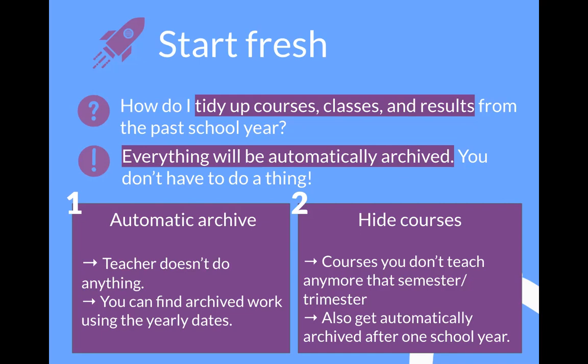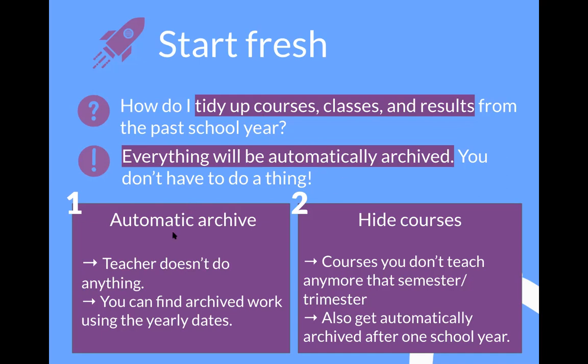So you don't have to do a thing. So earlier, you had to do it yourself. In this case, you don't have to do anything to archive work from the past school year.